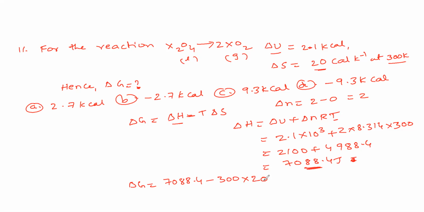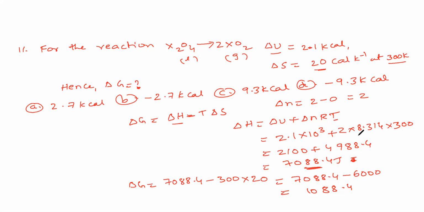So 300 into 20 is equal to 6000. So by this, delta G is equal to 7088.4 minus 6000, which is equal to 1088.4.